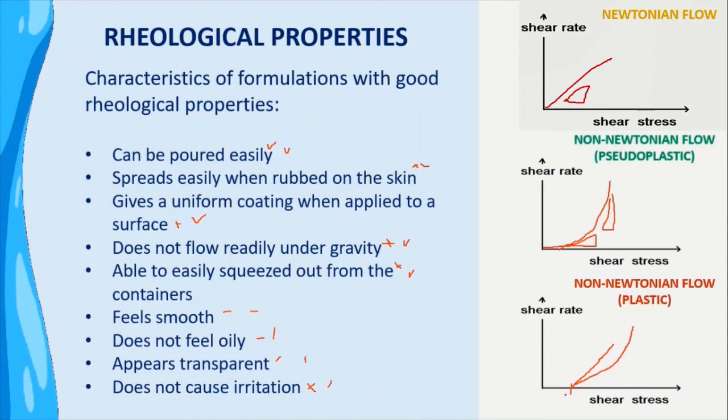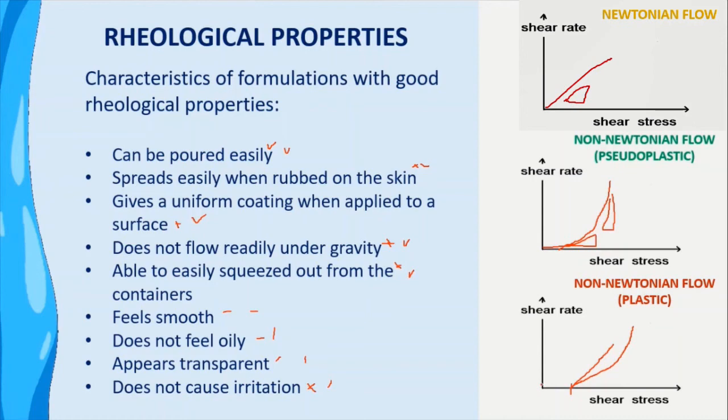Then it will immediately stay on our hand, and no dripping will occur when the stress is removed. When the stress is removed, so it's 0, or the stress is lower than the yield stress value, which means within this range of shear stress, it would not flow. So this also gives a good advantage, and it is ideal.